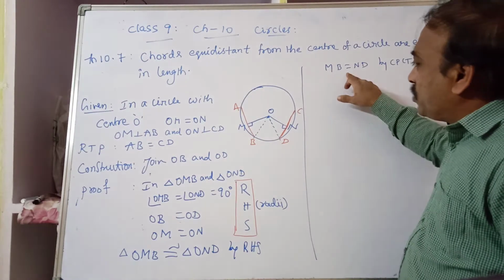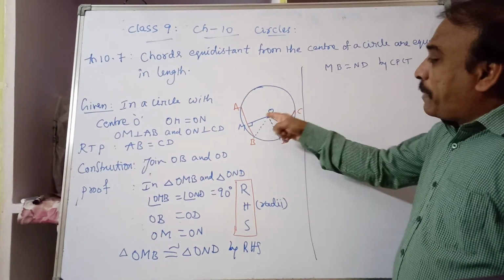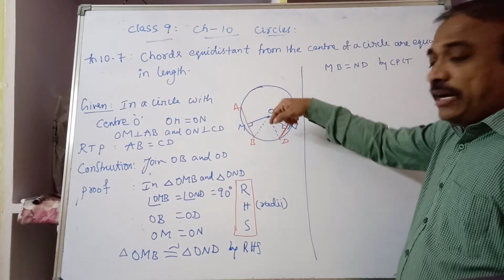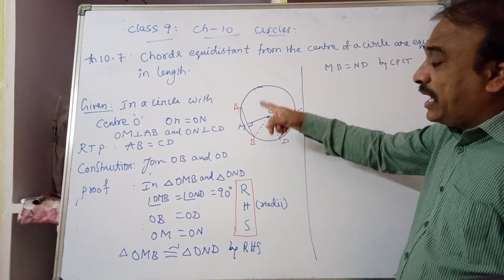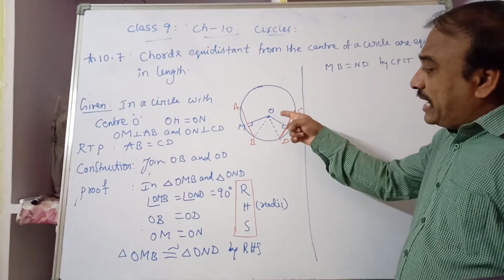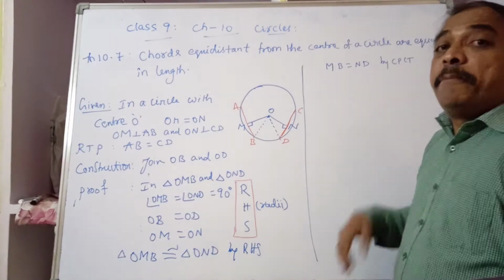But MB is what? As we know, a perpendicular line segment from the center to the chord bisects the chord.